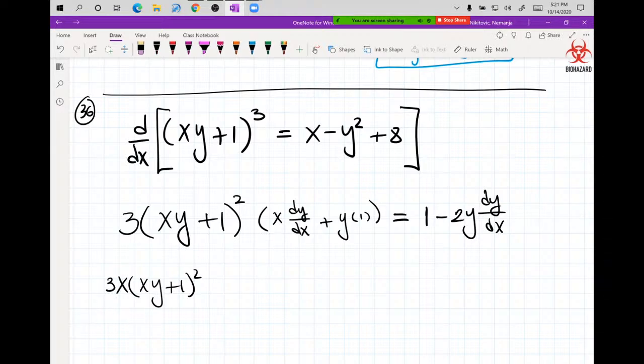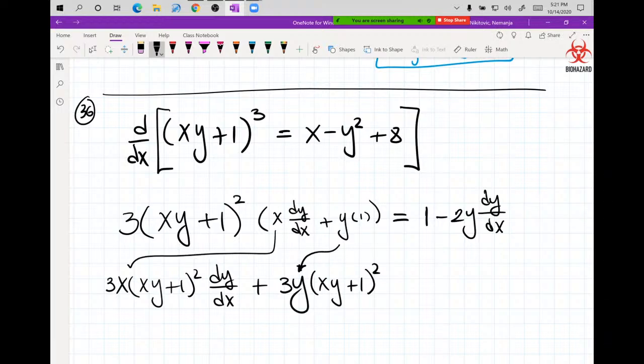And we usually put dy/dx at the end, plus 3y(xy + 1)². So this y is this y here, and this x is this x in there. We just distribute it. That's basic algebra. Equal to 1 minus 2y dy/dx.